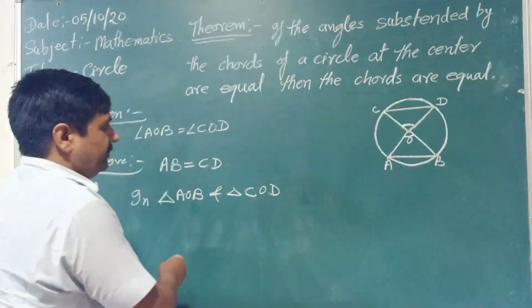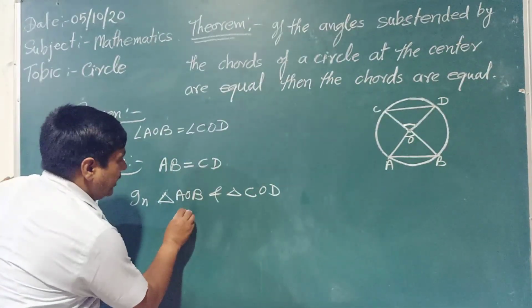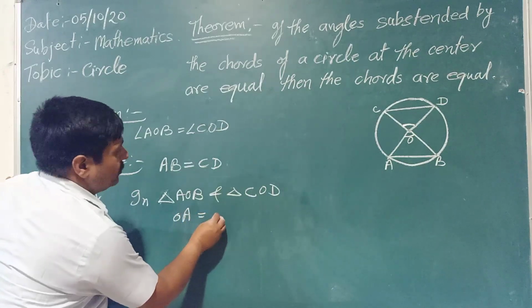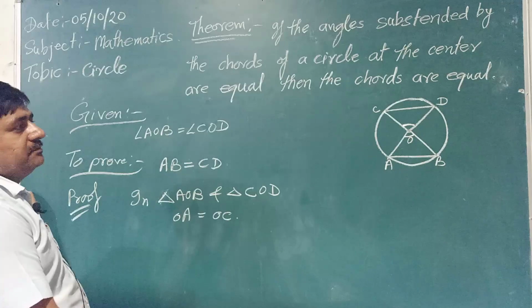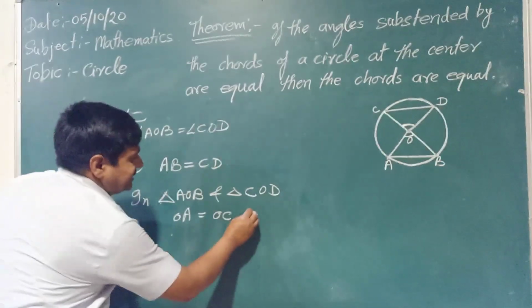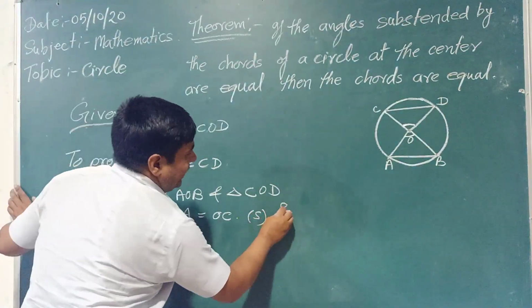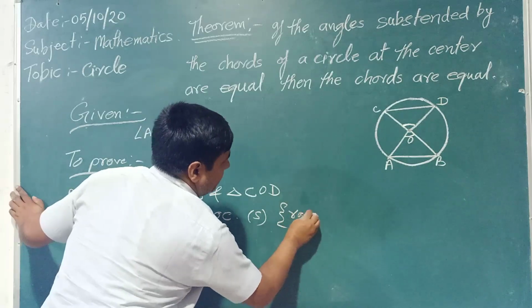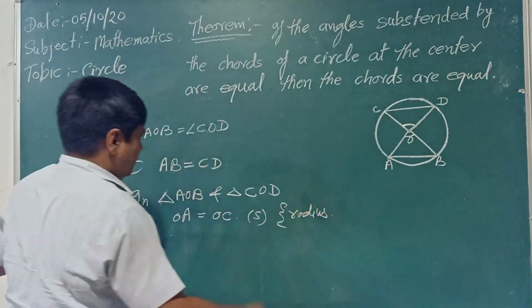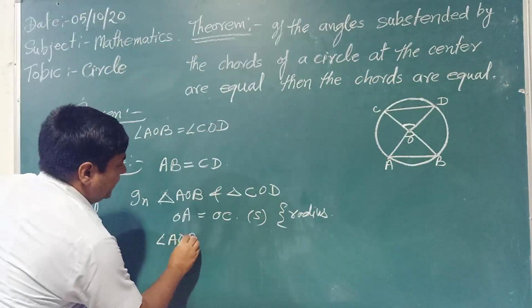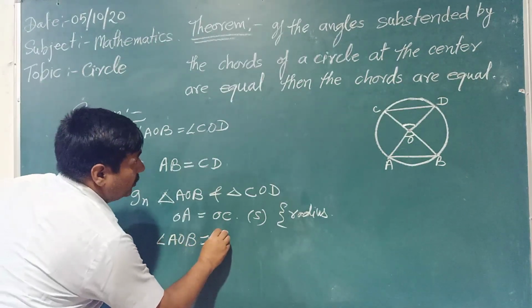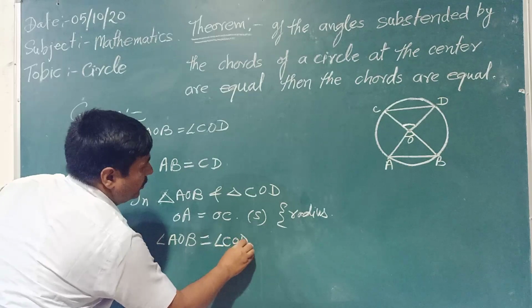So now we take OA is equal to OC, and this is a side. Why is it equal? Because it is a radius. Okay, angle AOB is equal to angle COD.